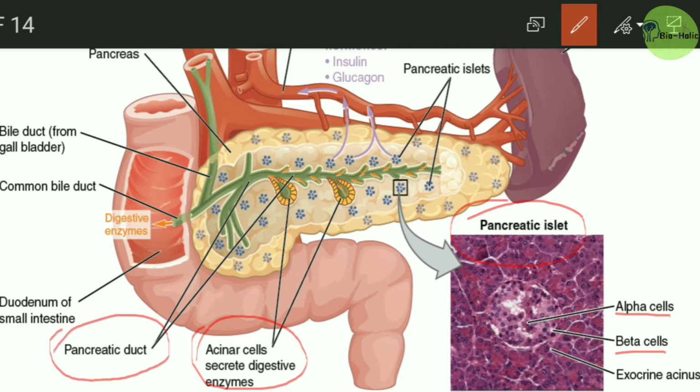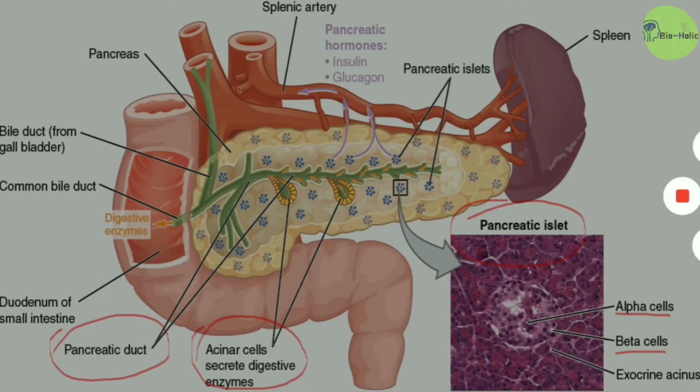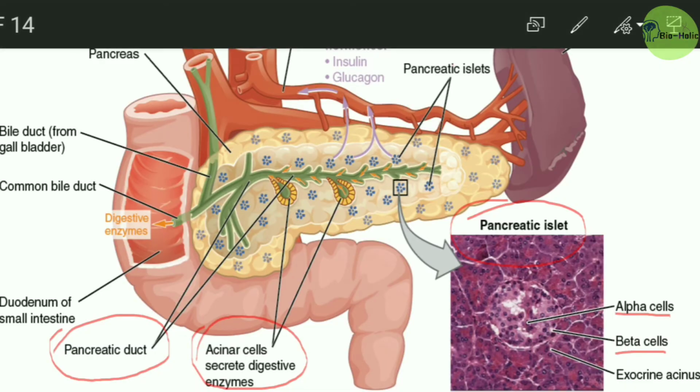This duct and the duct from the liver form the common bile duct and attach to the part of the duodenum of the small intestine.